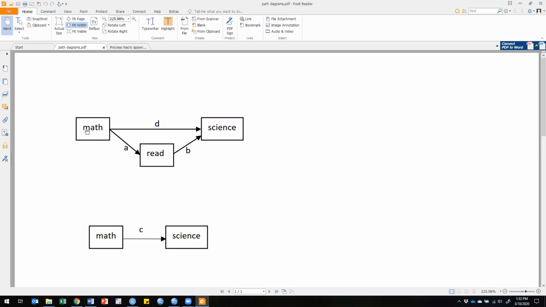Math scores have a direct impact on science scores. Math scores also have a direct impact on reading scores, and reading scores would have a direct impact on science scores. In this path diagram, D here would represent the direct effect of math on science.